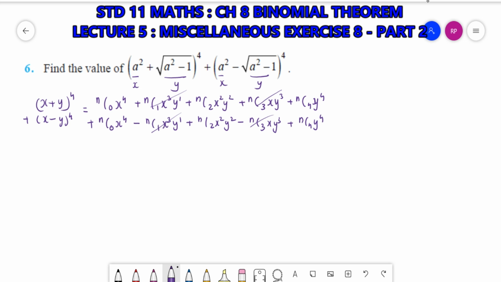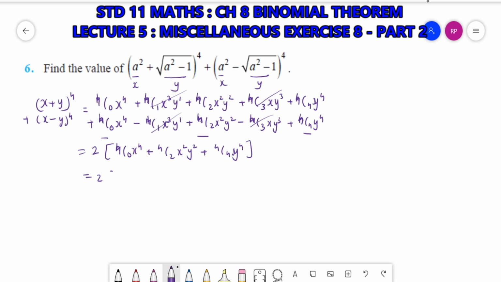So nC0 x^4 plus nC0 x^4, twice nC0 x^4. Okay, sorry. Here actually n is 4, so everywhere I will replace it by 4. It's my mistake. 4C0 x^4 + 4C2 x^2 y^2 + 4C4 y^4.